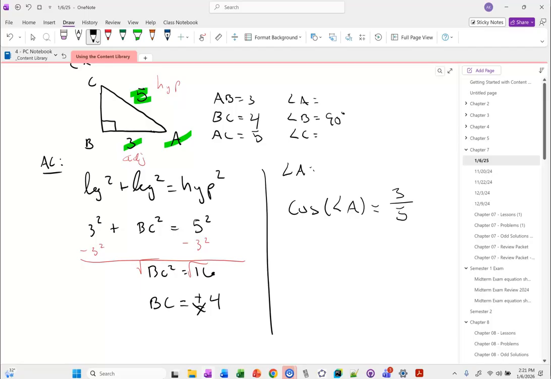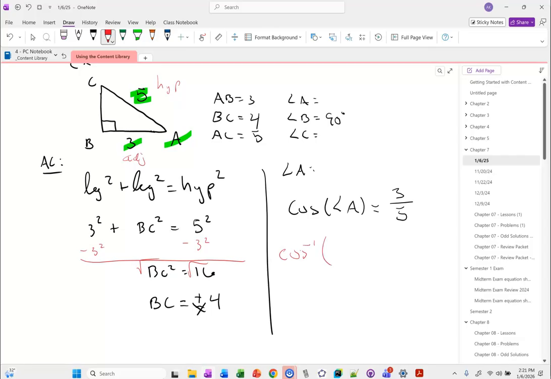Still feel good? Okay, how do I get angle A by itself? It's got that cosine wrapped around it. How do I get rid of that cosine? Divide is no. Cosine is not a number, it's an operation. That's like saying, oh, I'll get rid of the square root sign by dividing by the square root symbol. That's some crazy talk. What cancels out that cosine there? The inverse, yeah, cosine inverse.